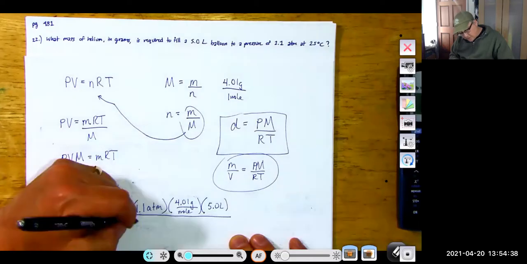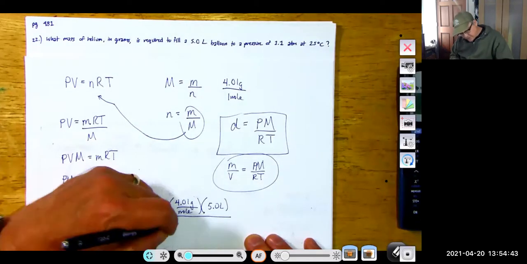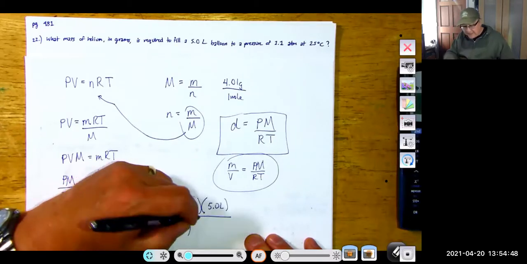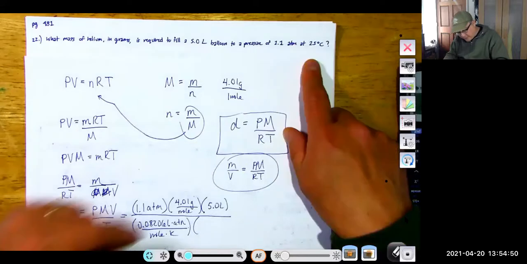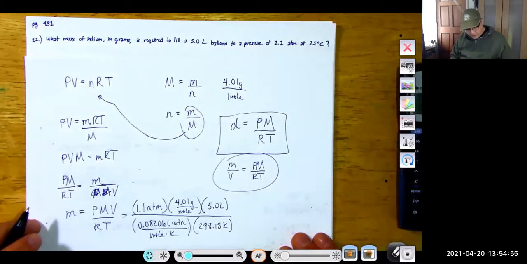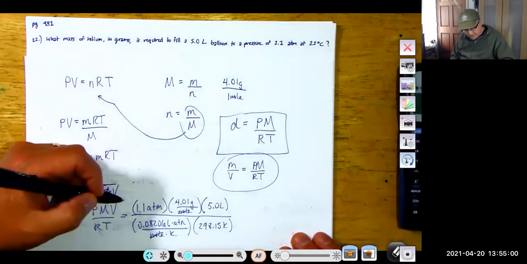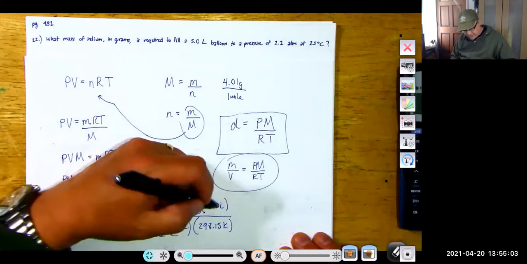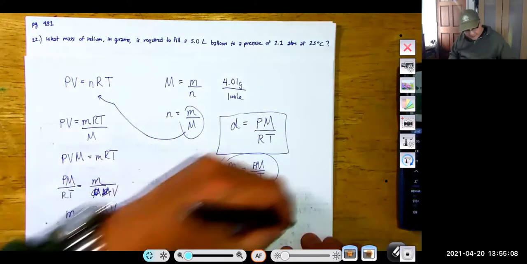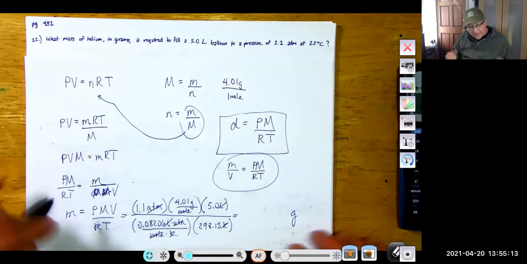R, 0.08206 liter atmospheres per mole K. And the T is 298.15 K. So here you can see that the moles cancel, the atmospheres cancel, the liters cancel, and the Ks cancel. The only thing that doesn't cancel is grams. What's neat about this method is that you're getting the answer with one calculation instead of two.